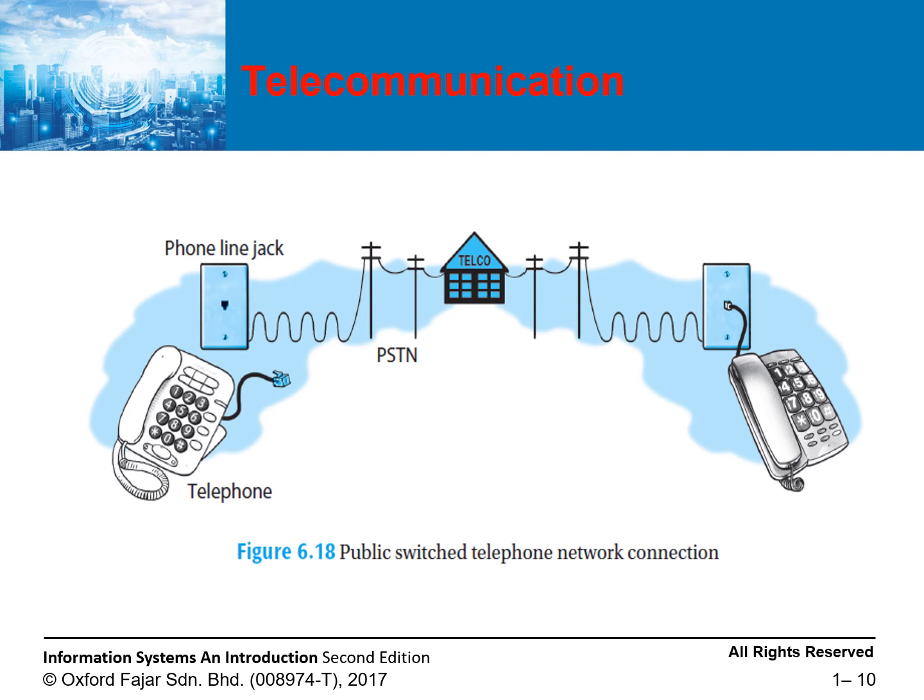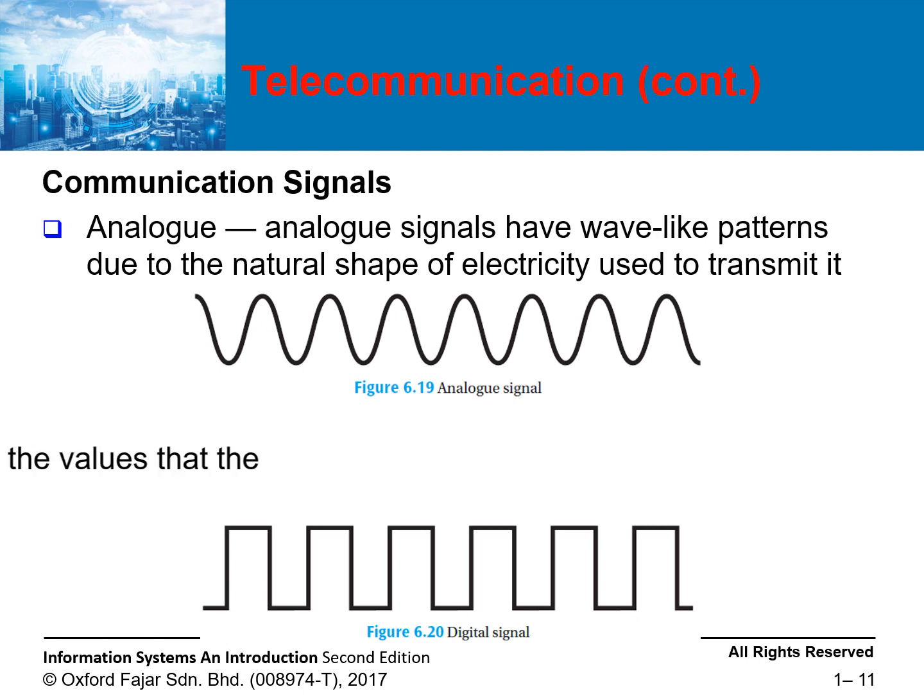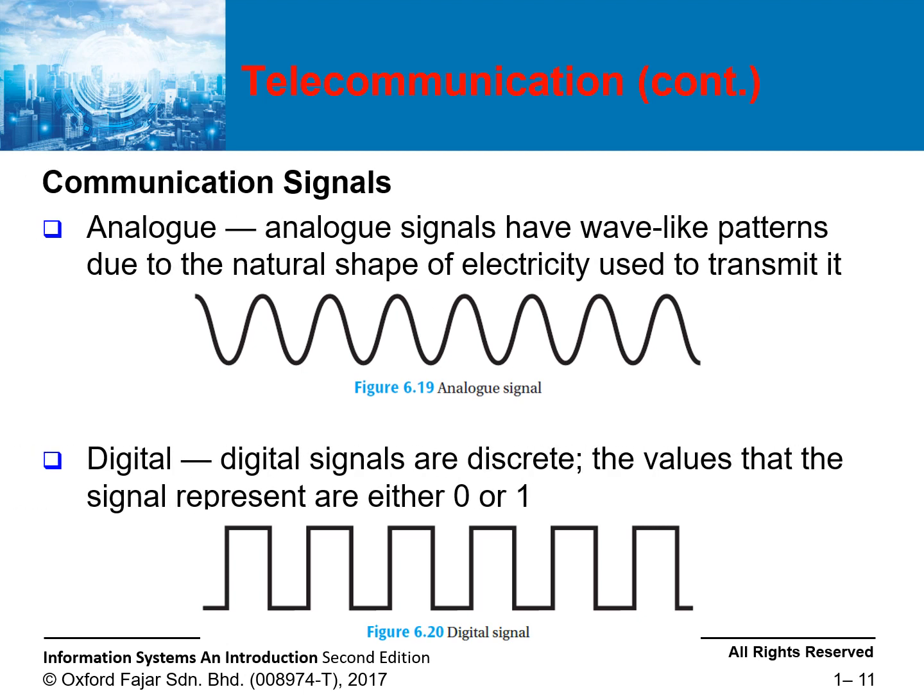Okay, PSTN supports both analog and digital calls for both mobiles as well as fixed line telephone. In the process of data transmission, there are actually two signals that will be involved. So the first one is analog signal and the second one is digital signal.